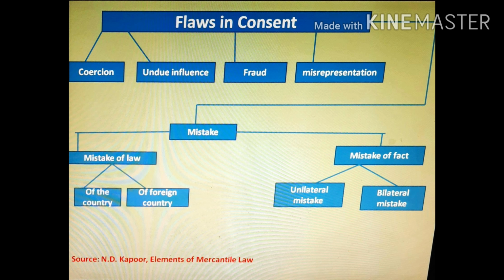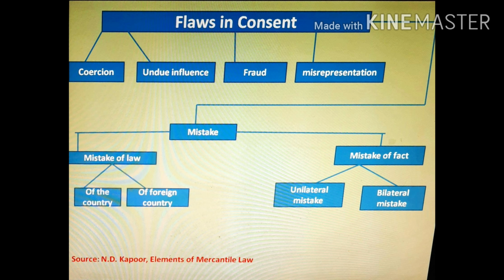It is called unilateral mistake. You are alone committing a mistake, but the other party is not committing any mistake. So why should the other party become a victim? Therefore, you have to pay compensation. The contract becomes voidable at the option of the other party who is not committing the mistake.